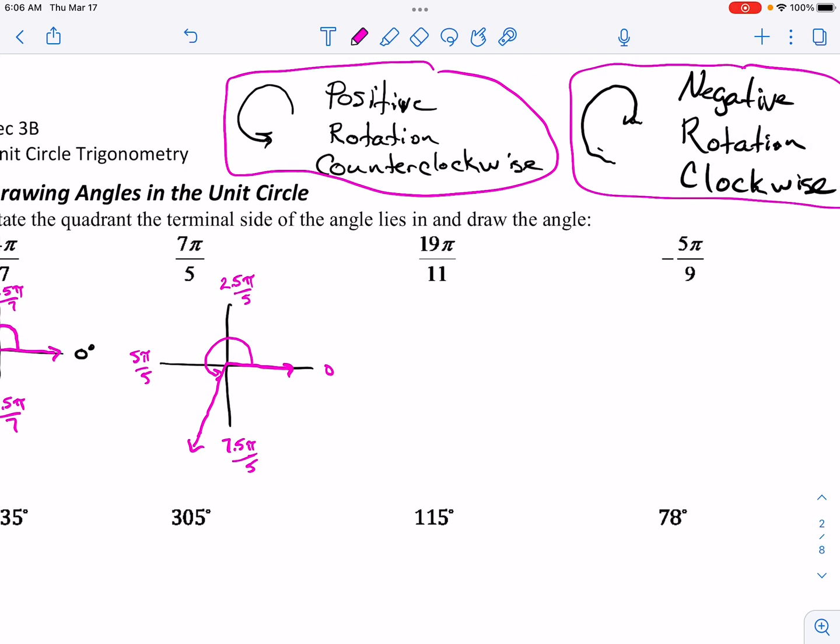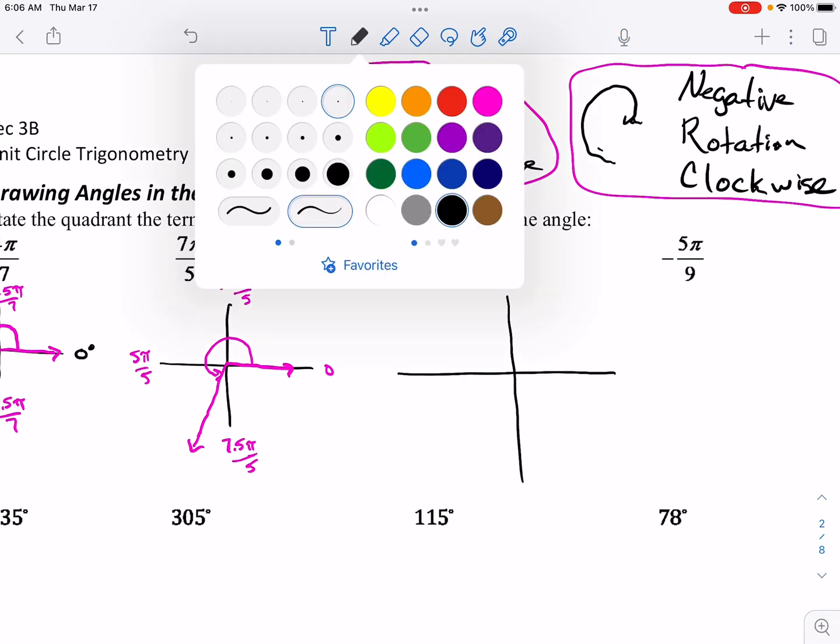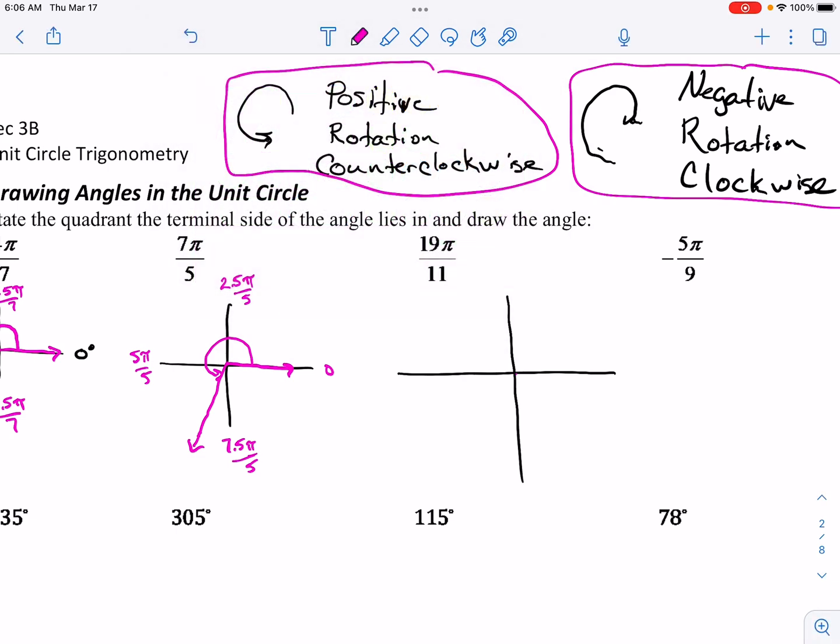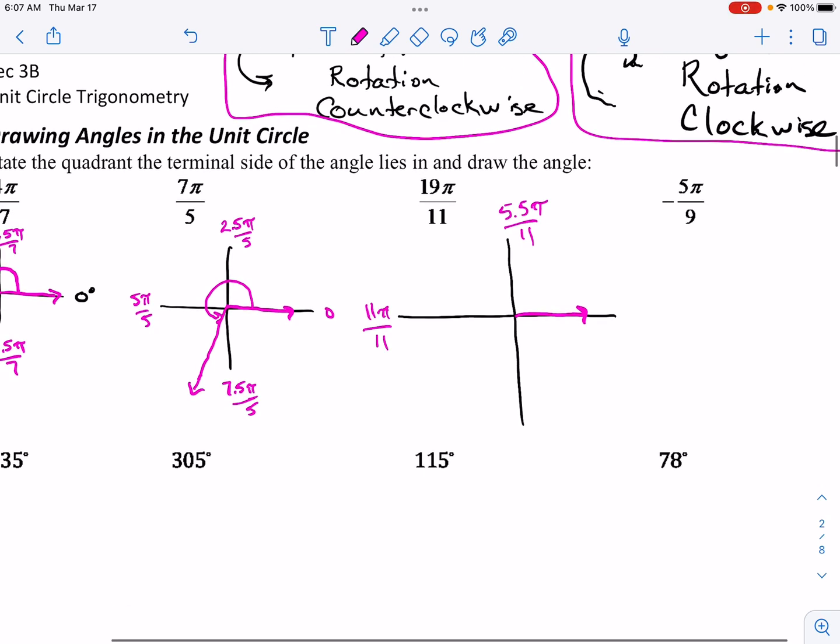Okay, let's go with 19 pi elevenths. We always start at 0. Halfway around would be 11 pi elevenths. Quarter way around would be 5.5 pi elevenths. 3/4 around would be 16.5 pi elevenths.